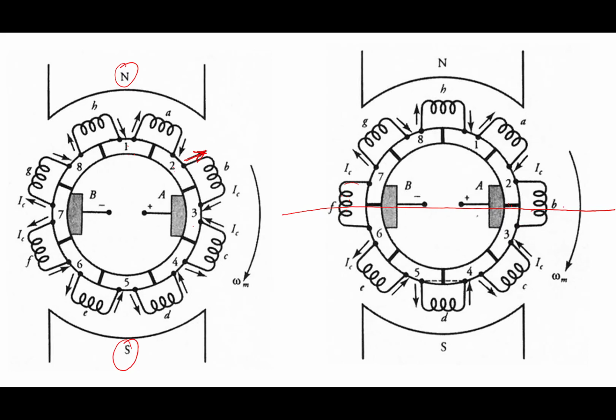That means there is no induced EMF. Therefore, there will be no current at this position. And then as soon as it moves and comes under the south pole, there is a current flow in the negative direction, right?